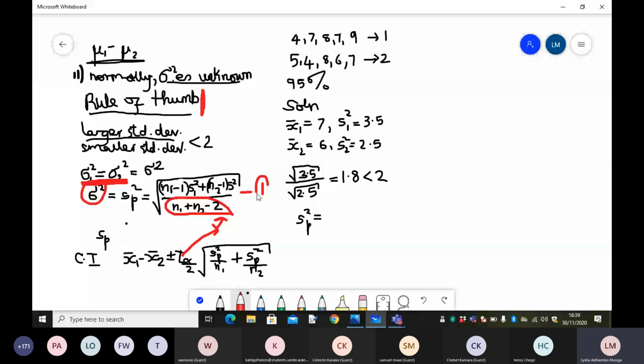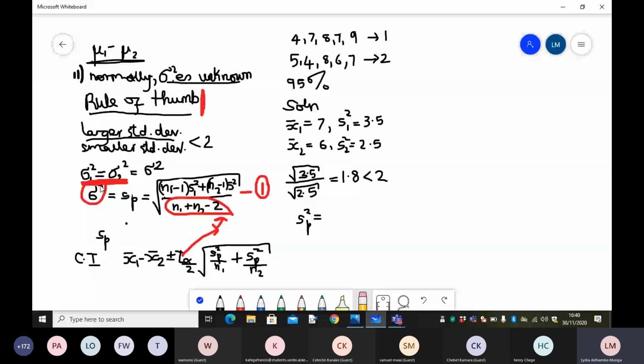So I have written here SP squared. If I wrote SP squared, then there should not have been a square root sign. If I put a square root sign, then it means that what I have here is the pooled sample standard deviation. Please correct that, and sorry for that.